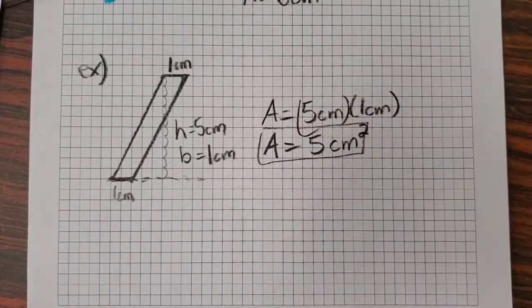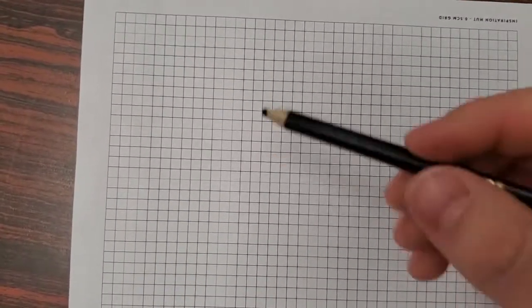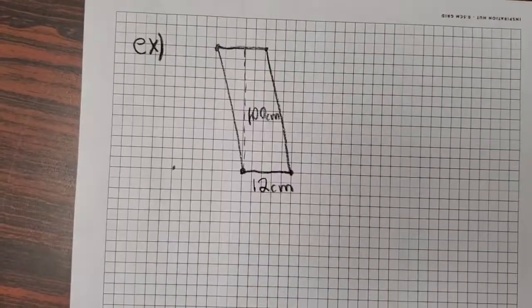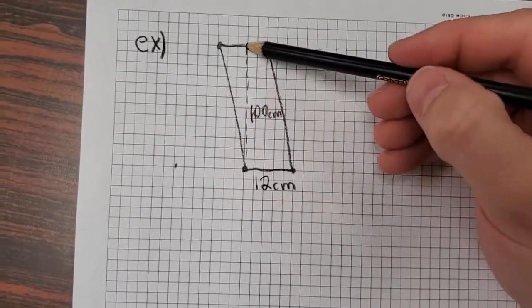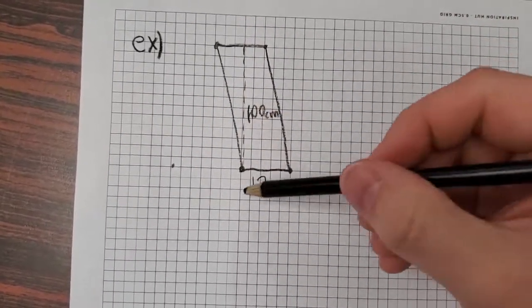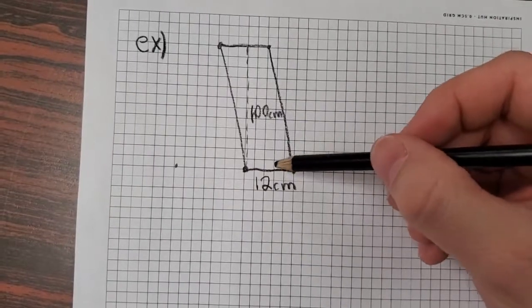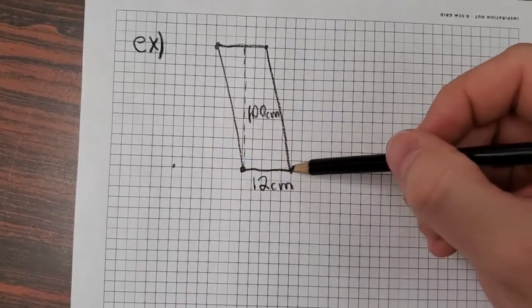Sorry, I haven't been putting boxes around. I'm going to do an example that doesn't use these actual squares. I'm going to write in different measurements, and it's just going to be a scalar. All right, we've got this shape here. It's a parallelogram. The height is 100 centimeters, and the base is 12 centimeters.